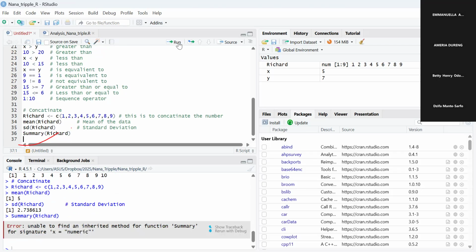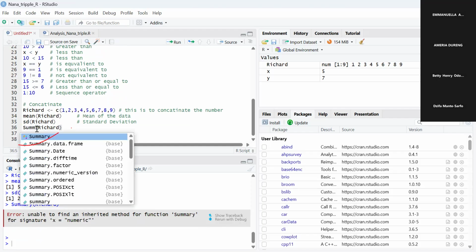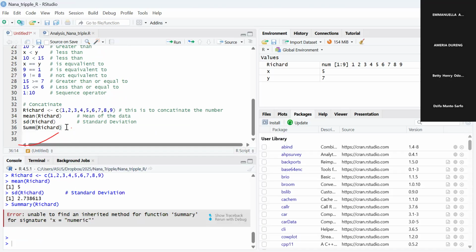Yes, it won't work. Sometimes this command works, sometimes it doesn't work. So let's take this one out, but we'll come and do the summary proper when we have a good data set. Okay, so let's move on.